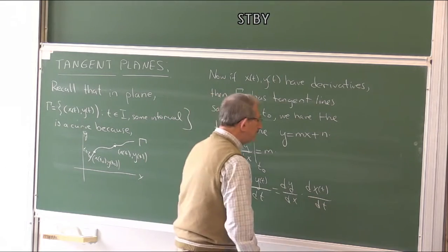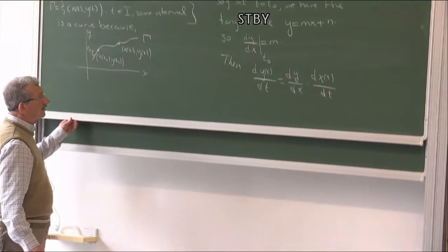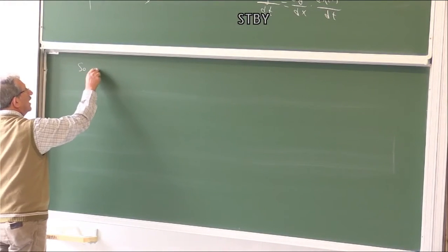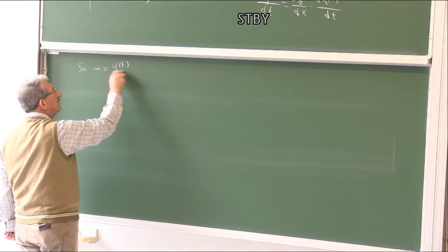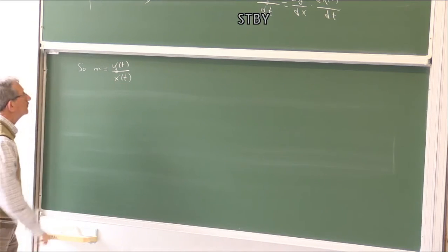In other words, this tells us that m, that is y prime t divided by x prime t, holds.